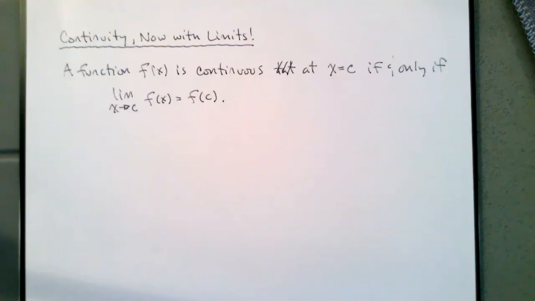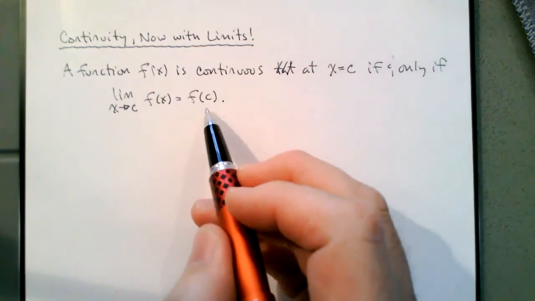So we're actually saying 3 things in this statement. When I write the expression limit as x approaches c of f of x equals f of c, that includes 3 things that we need. Number 1, for a function to be continuous at a point, the function has to be defined at that point.